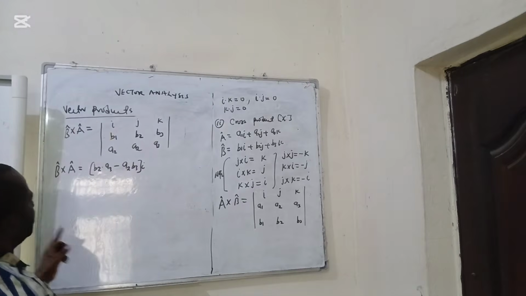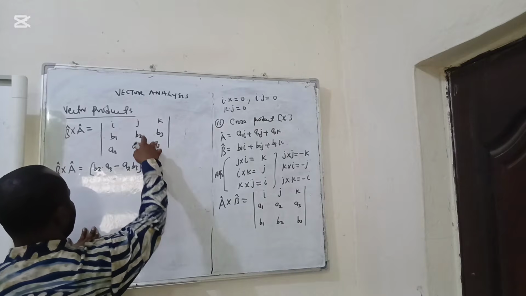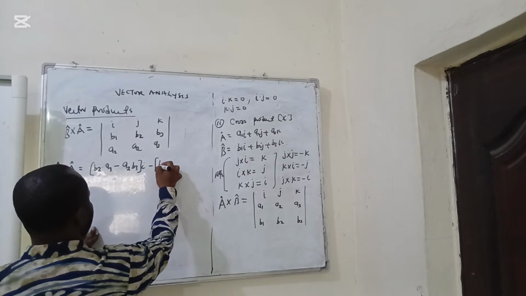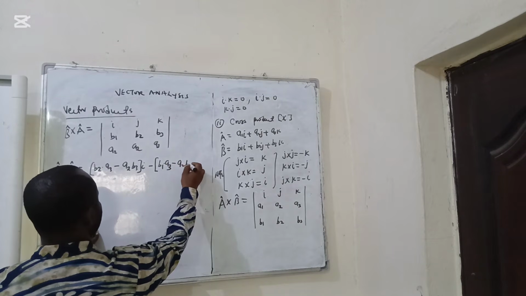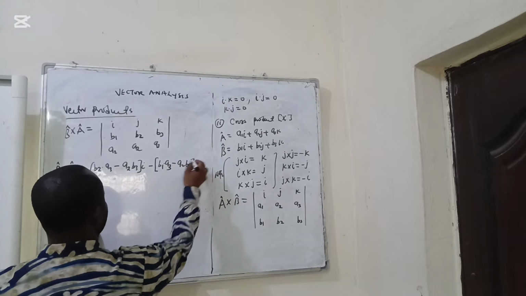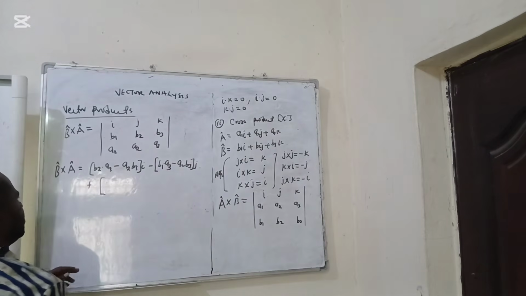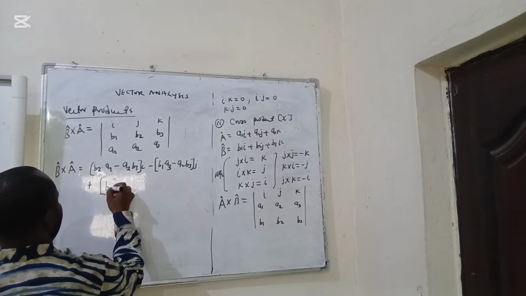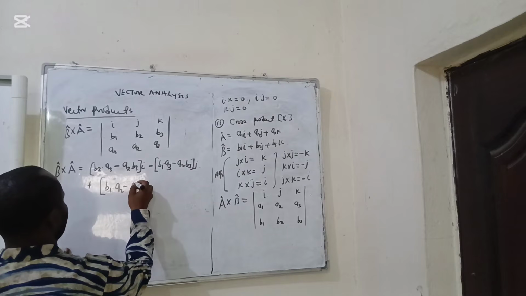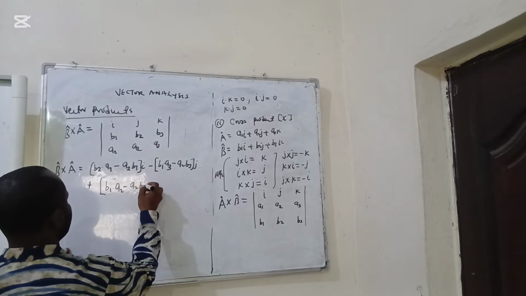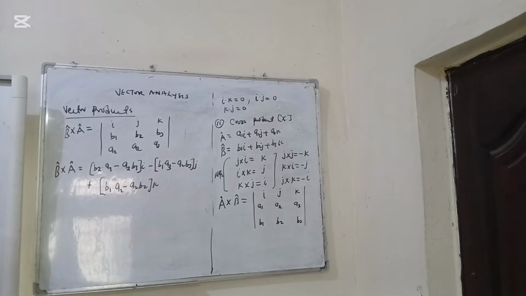Then we put minus this, so this will cross this out. So you have b3 a1 minus a3 b1, and you include j. Finally, we have this count this, so that is giving us b2 a1 minus a2 b1, and put k. So that's a technique for the cross multiplication.